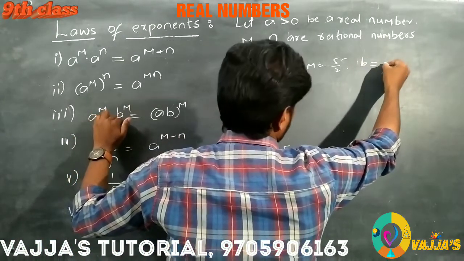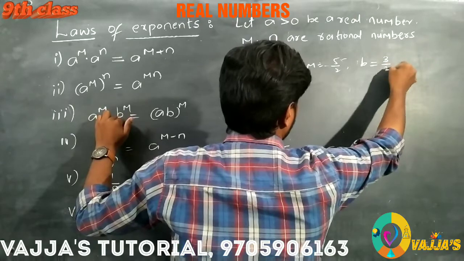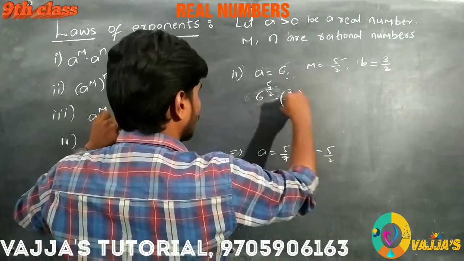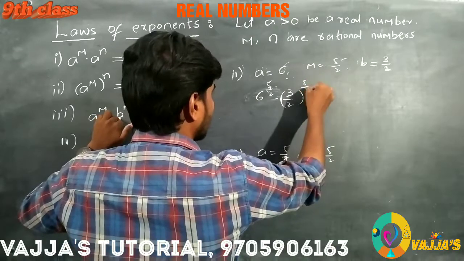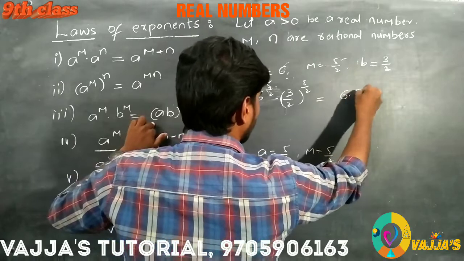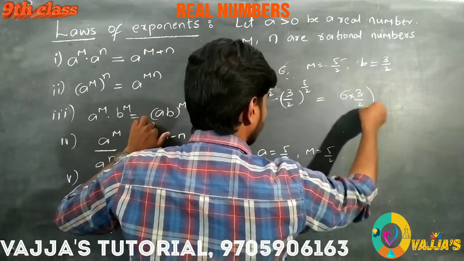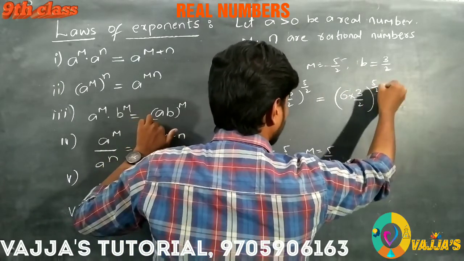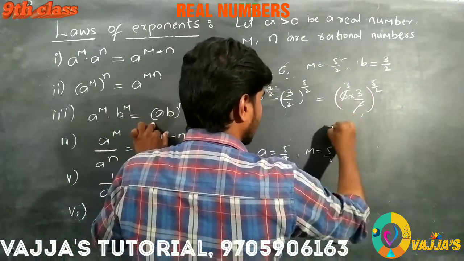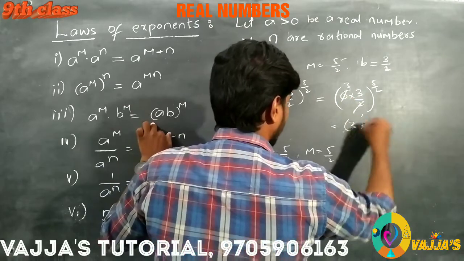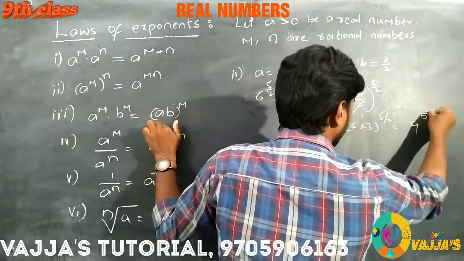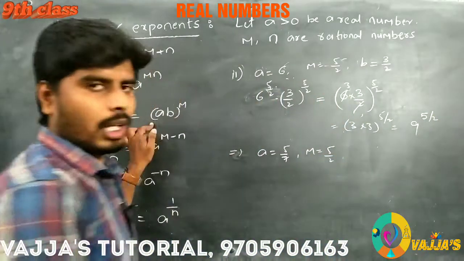Suppose I take b as 3 by 2, so 3 by 2 whole power 5 by 2. This becomes 6 into 3 by 2 whole power 5 by 2. Two 1s are 2, so 3 into 3 whole power 5 by 2, nothing but 9 power 5 by 2 is the answer.